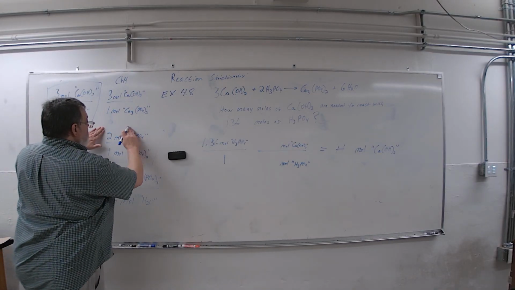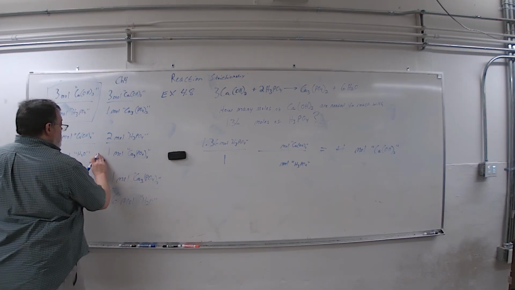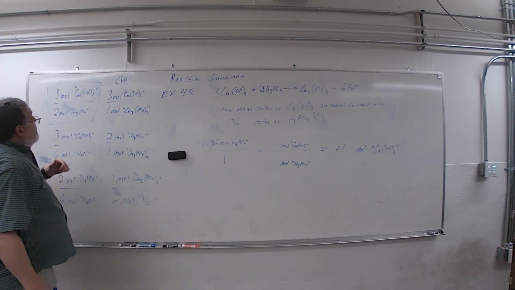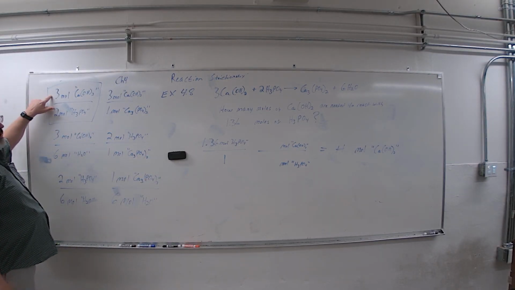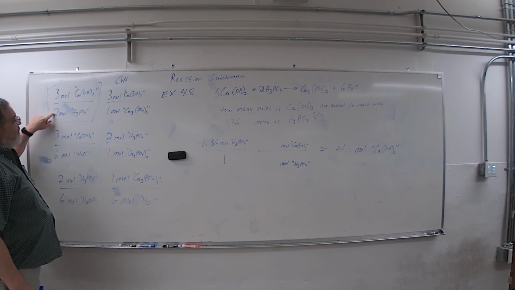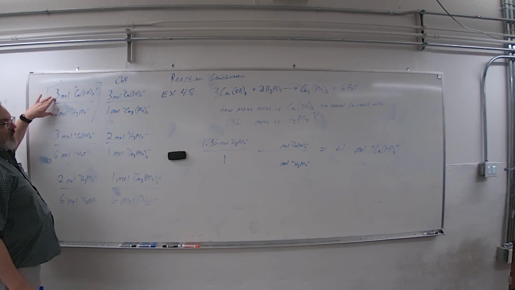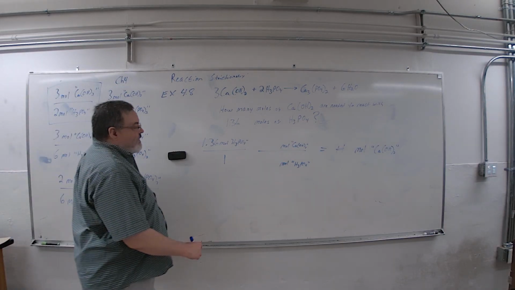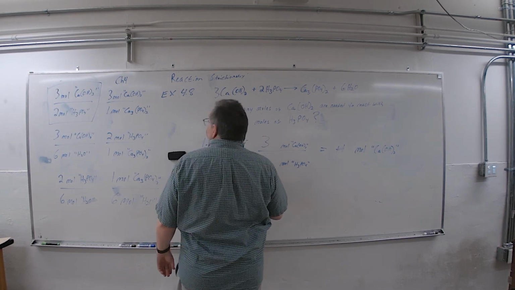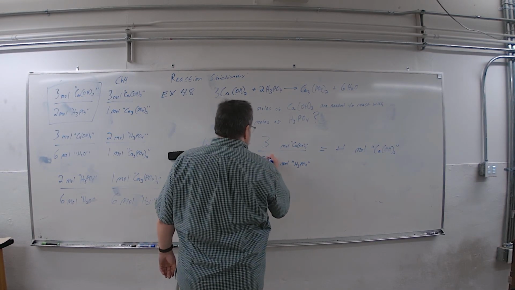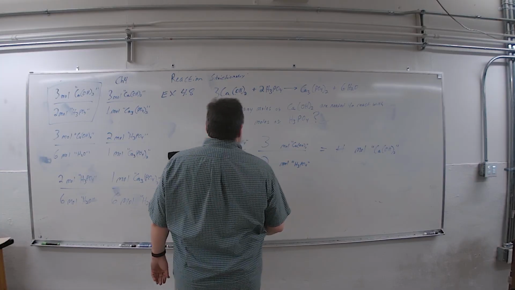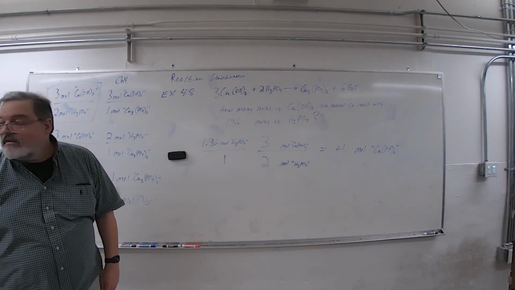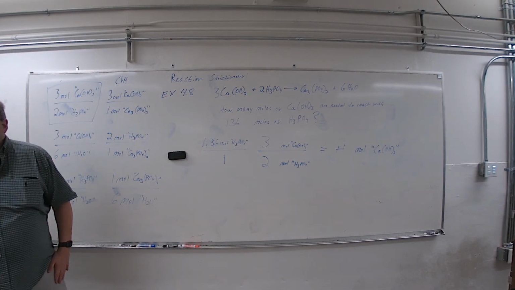Not this one. Moles of Ca(OH)2 on top, moles of H3PO4. Okay, so I'm going to use this, but I am going to use it flipped over. No, I'm not. I'm going to use it as it is. 3 moles of Ca(OH)2 to 2 moles of H3PO4. There. That's how you solve it. Cool with that?